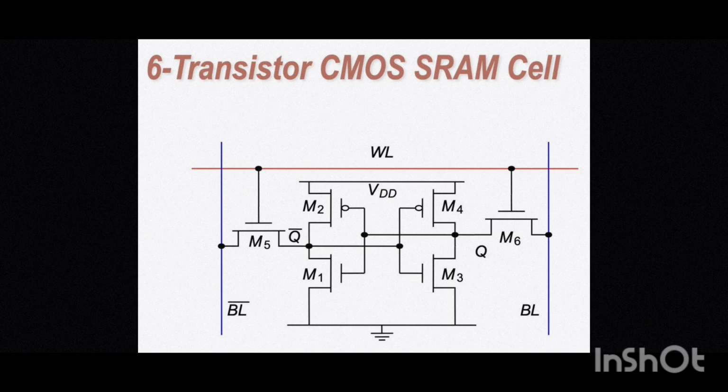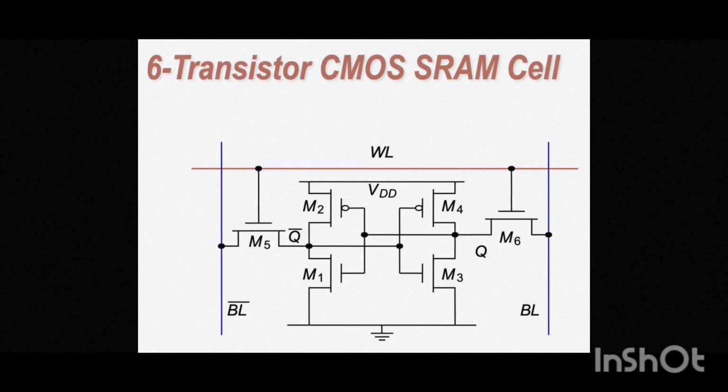The 6T name comes from the fact that exactly 6 MOSFETs are used in a standard SRAM cell. The cell consists of two cross-coupled CMOS inverters that act as a storage element and two access transistors that connect the cell to the bit lines during read and write operations.